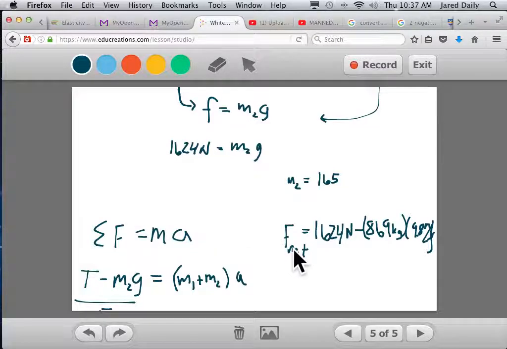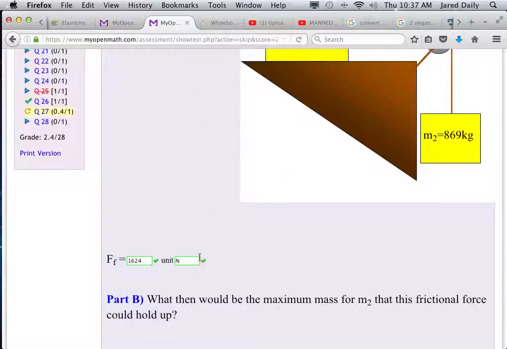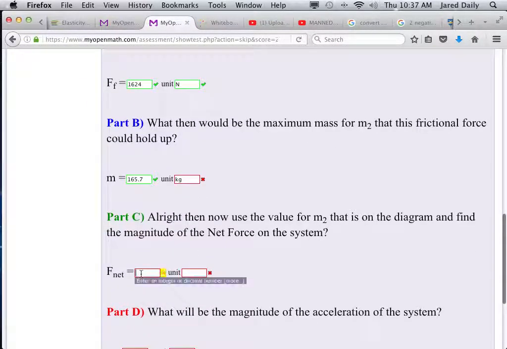So this is all before it starts to move. This is all right as the force is applied, before it actually moves. So I get 1624 minus 869 times 9.8. So I've got negative 6,900 newtons. Negative 6,900 newtons.